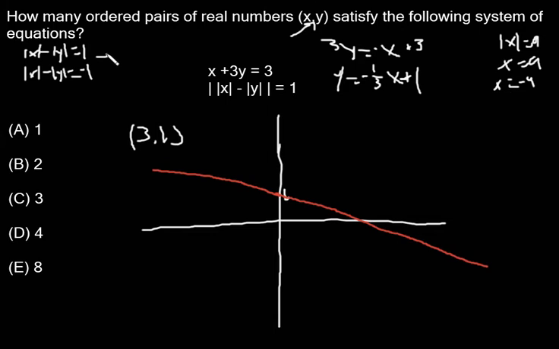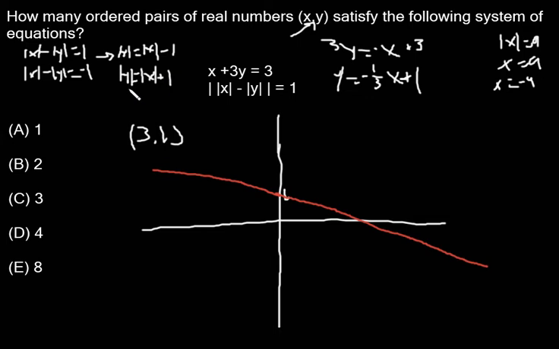So we're going to add the absolute value of y on both sides and subtract 1 on both sides simultaneously. So we have the absolute value of y is equal to the absolute value of x minus 1. Same thing for this one right here. We have the absolute value of y is equal to the absolute value of x plus 1.